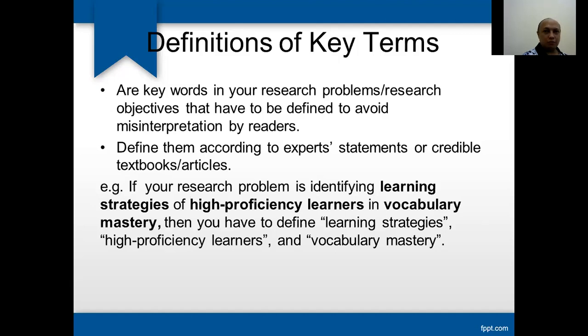If those are your keywords, then you have to define them. You have to define learning strategies, you have to define high proficiency learners, and you have to define vocabulary mastery. Again, in defining them, please refer to expert statements or formal statements written in textbooks or in journal articles.